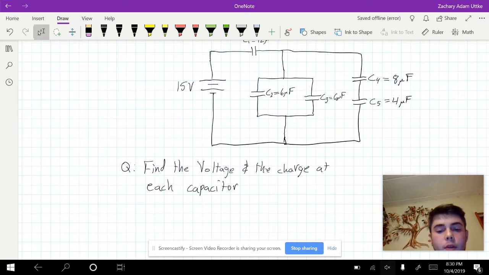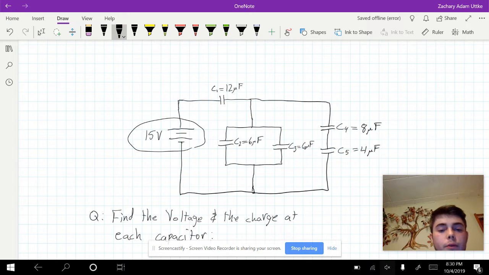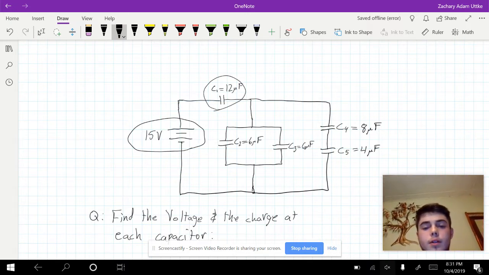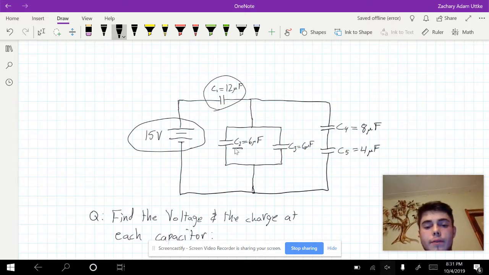Okay, so if this is our question, here is the symbol for a battery, and here is the symbol for a capacitor. So that's important. And so right here we have C2 and C3.